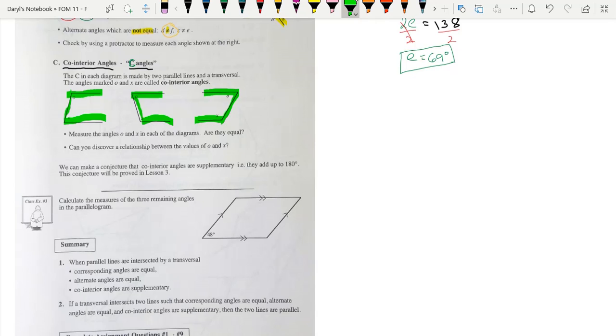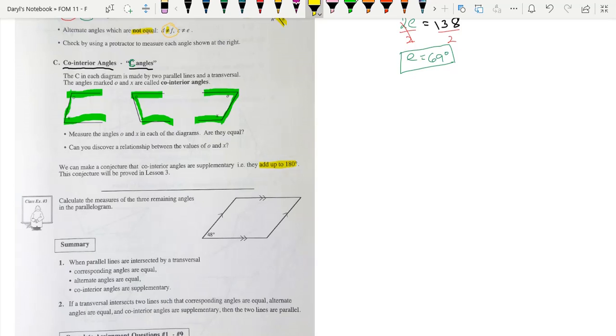Okay, welcome back. If you have done the measurements, you can actually get that the angle X and the angle O in the three figures here will add up to 180 degrees. Angle O and angle X will not be equal.